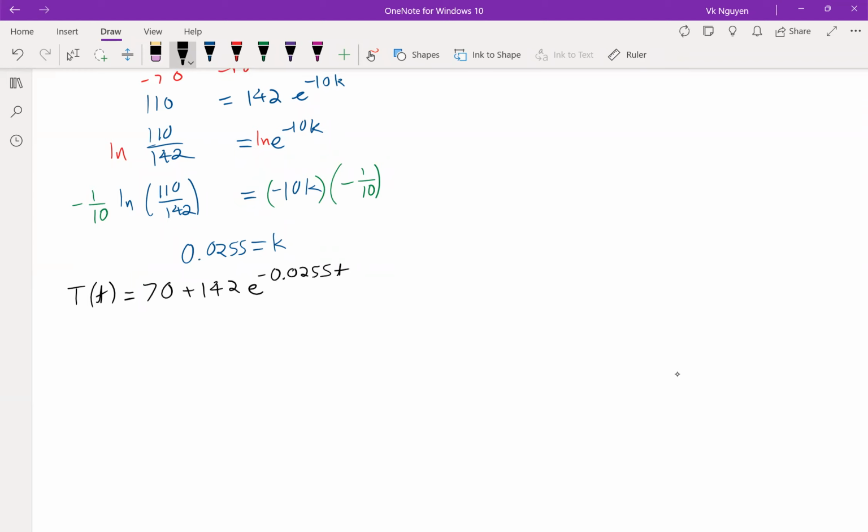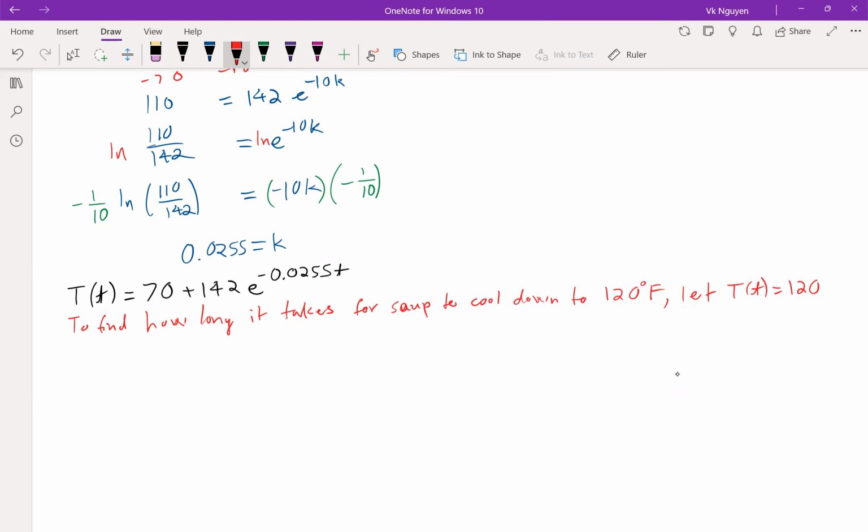We can figure out how long it takes for the soup to cool down to 120 degrees F. To find how long it takes for the soup to cool down to 120 degrees F, we let T of t equal 120.